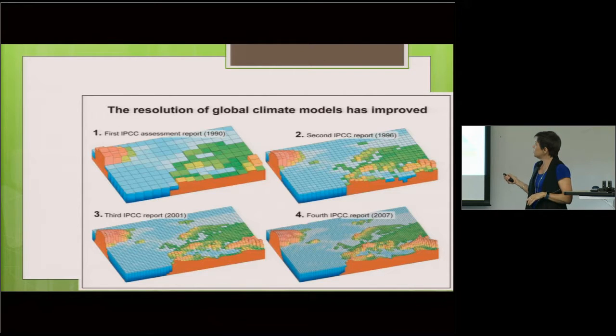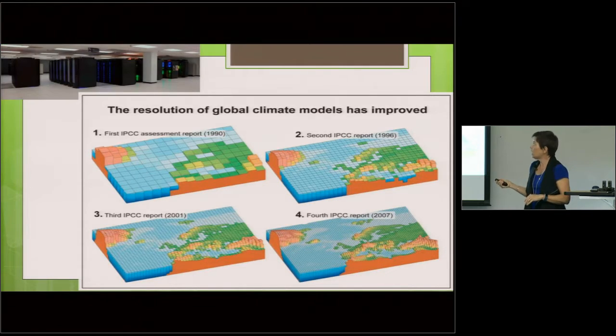Now, the resolution of global climate models has greatly increased. So the grid cells are getting smaller and smaller. And the reason for that is that our computing power is getting greater, for one thing, and our understanding of how mass and energy move in the atmosphere and the ocean is also getting better.